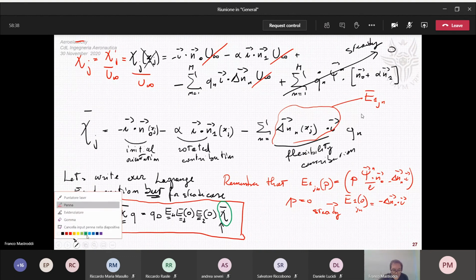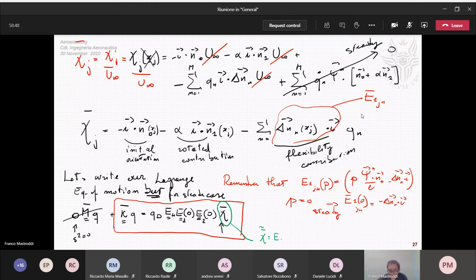Remember, in the unsteady general case, we expressed this key as equal, in the Laplace domain, to E1 applied to Q. But now we have a generalized input, not the input of the flutter case, which was the input avoiding the steady part of the solution, but we are including also the steady part of the solution.